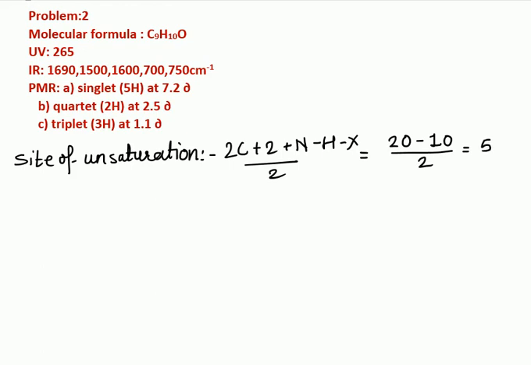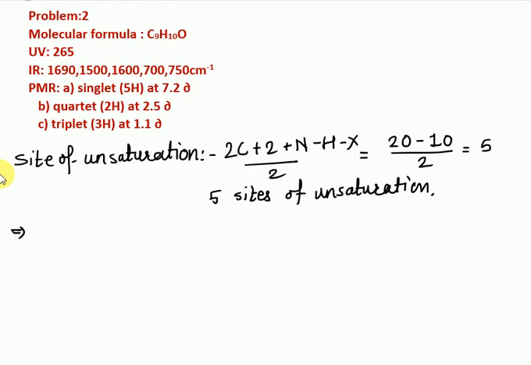So there are a total of 5 sites of unsaturation.